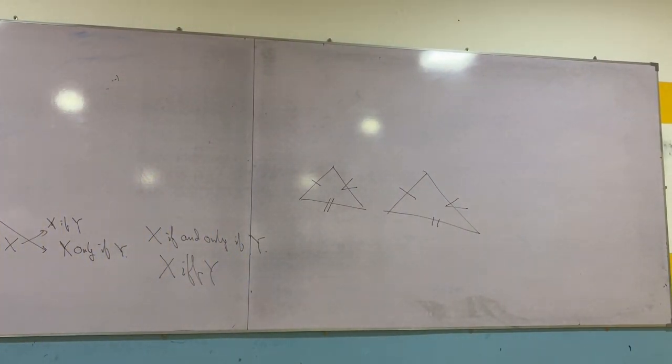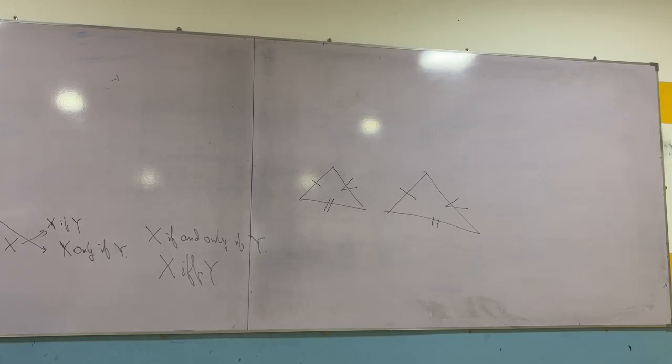I mean, it is said that they are congruent. We don't know. If somebody asks you, how do you know that they are congruent? You have to say, oh, they say. No?